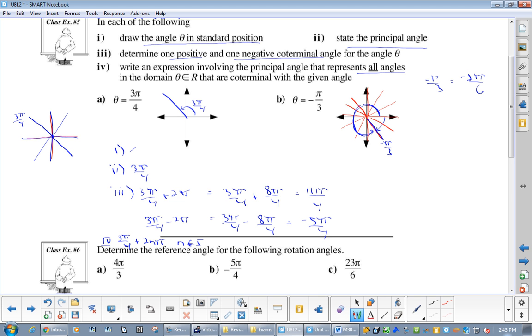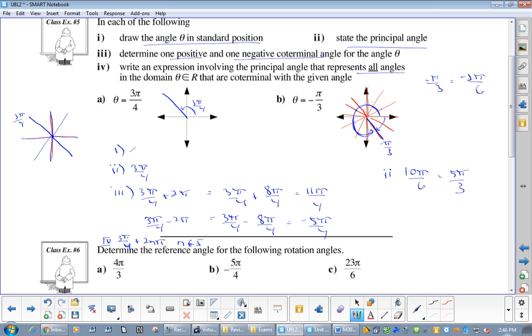This is the principal. So you can count them. 1, 2, 3, 4, 5, 6, 7, 8, 9, 10. So the principal is 10 pi over 6. Now, that always gets reduced to 5 pi over 3. You always have to reduce your fractions.